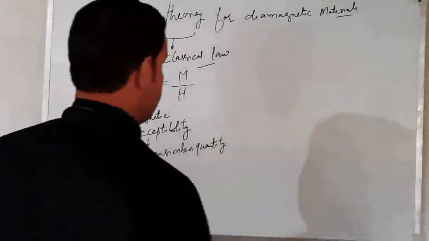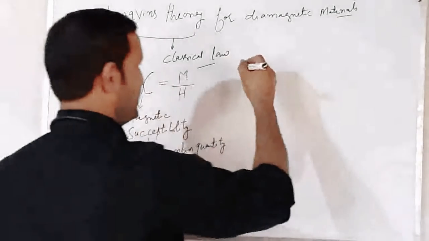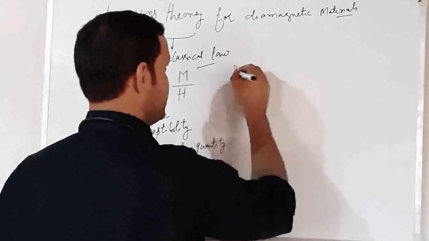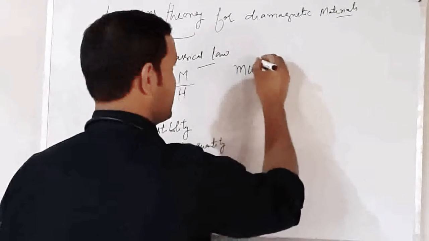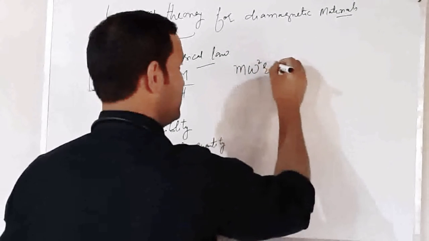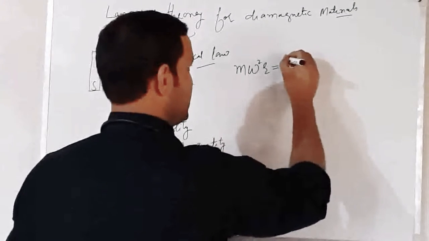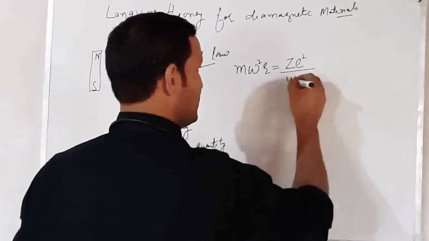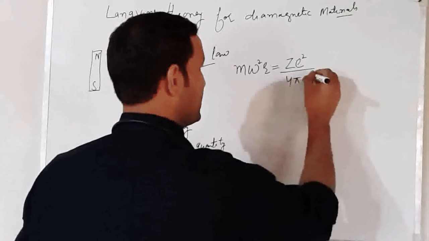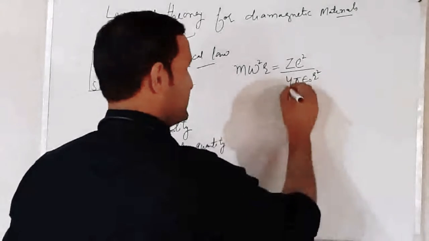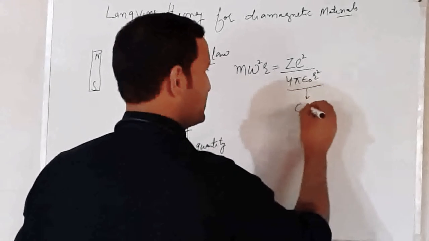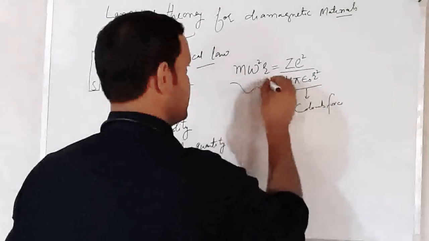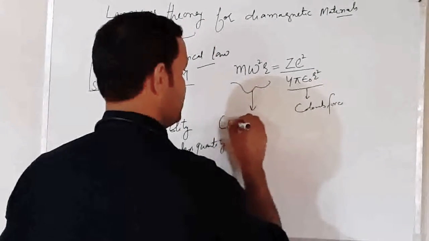So here we use simple classical mechanics, and the centripetal force can be written as m omega square r equal to Z e square upon 4 pi epsilon naught r square. This is the Coulomb force. Here it is the centripetal force.